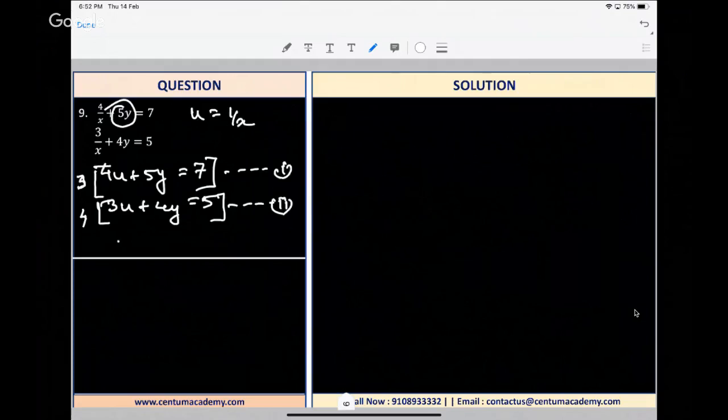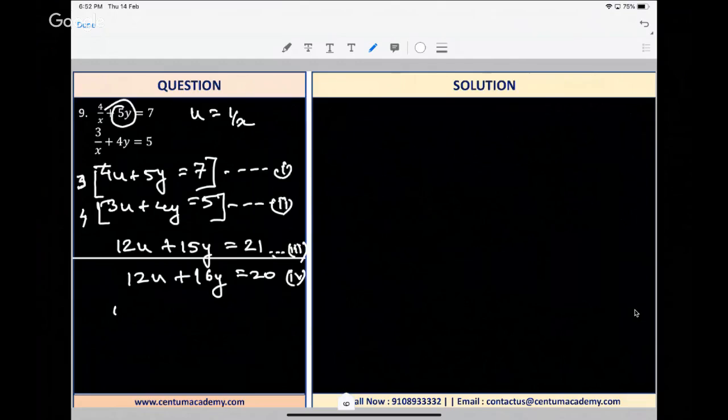So this is 12u plus 15y equals 21, and then second is 12u plus 16y is equal to 20. So this is equation number 3 and equation number 4.